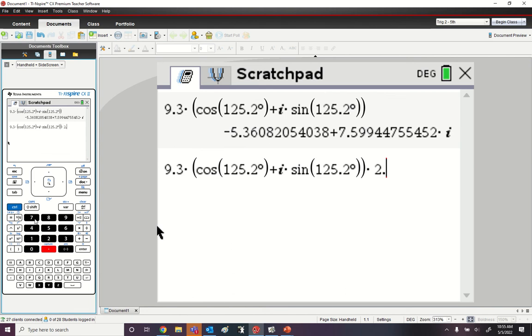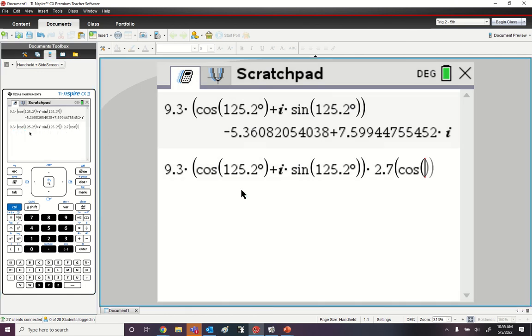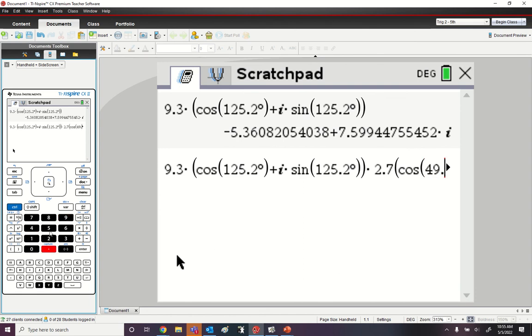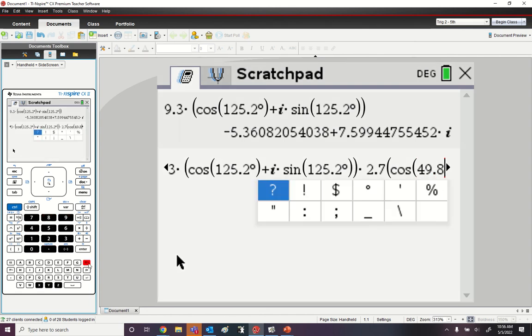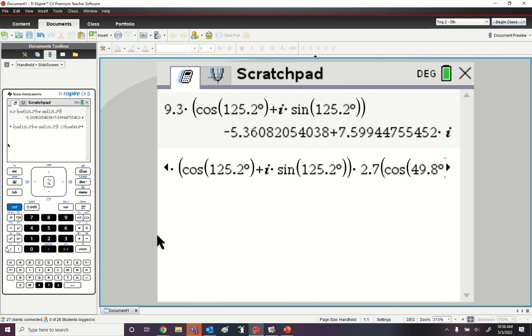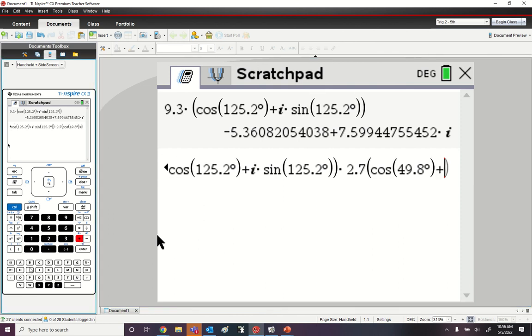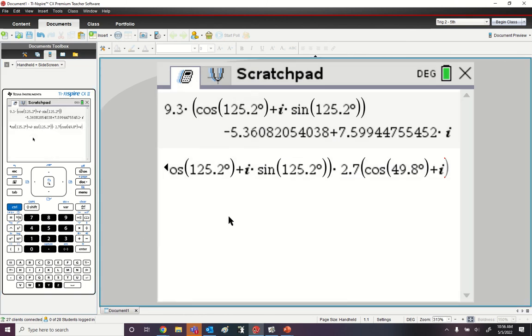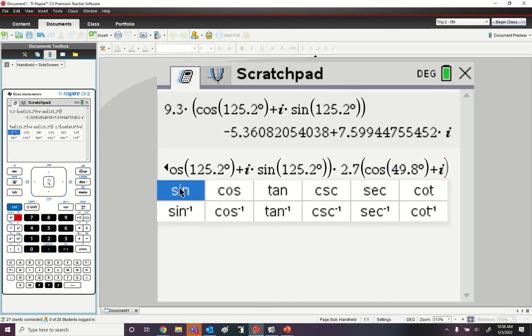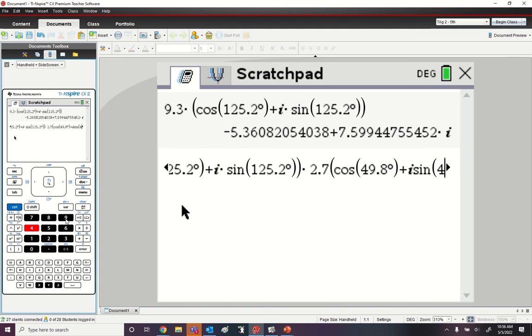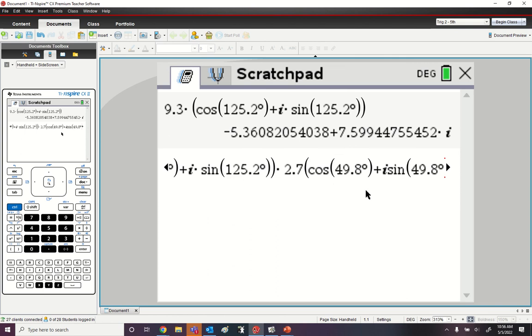So 2.7 open cosine of 49.8 degrees, close, plus I sine of 49.8 degrees. There we go.